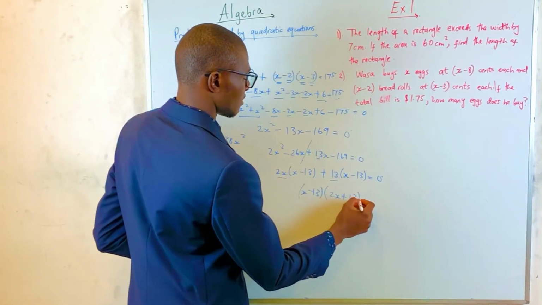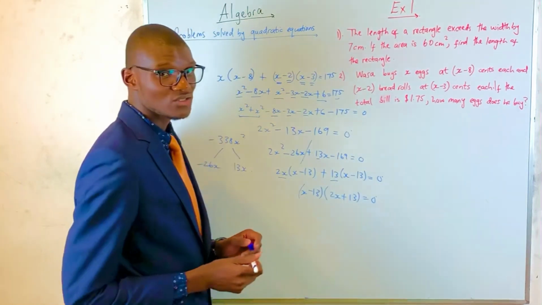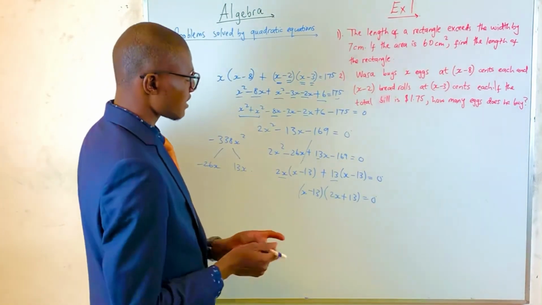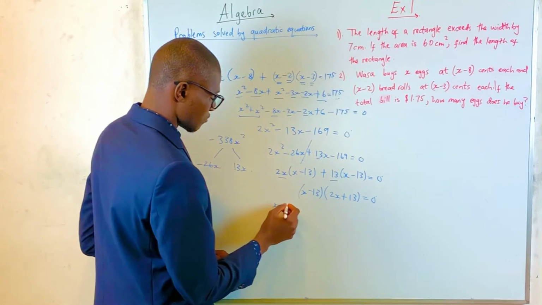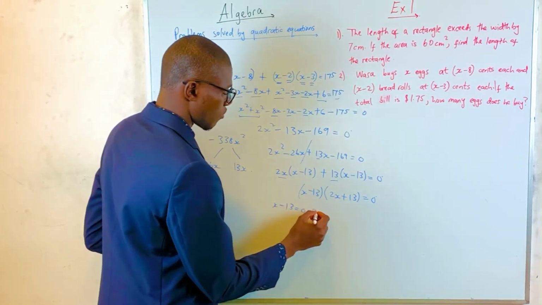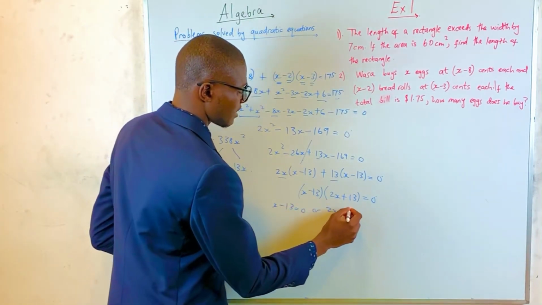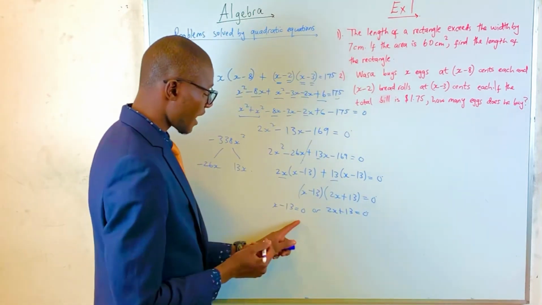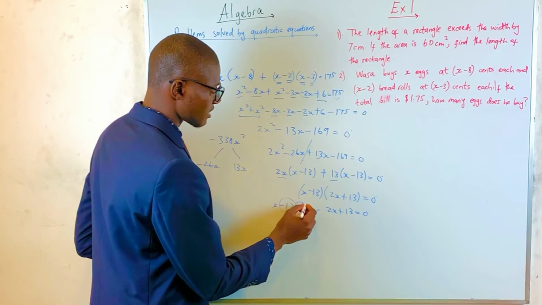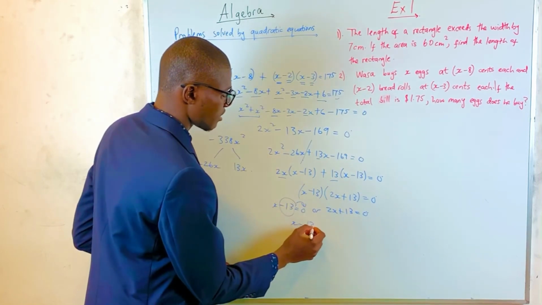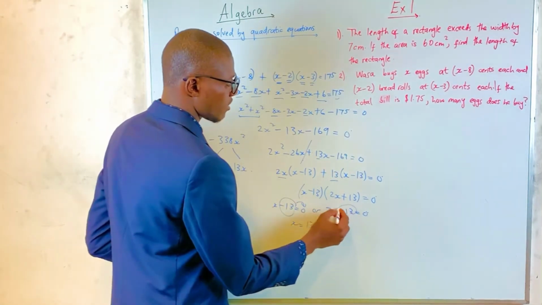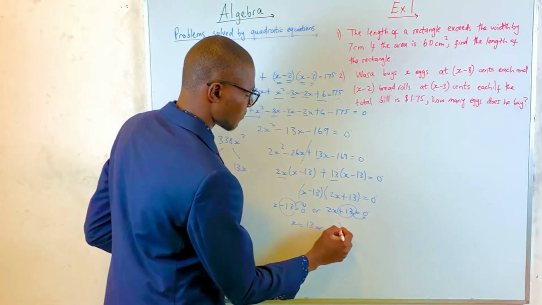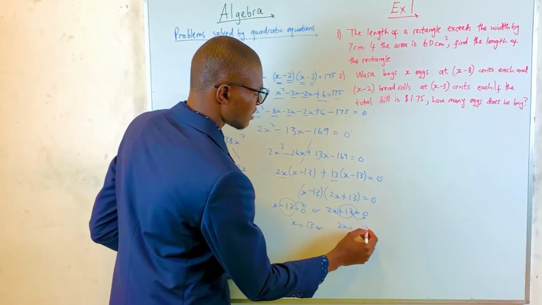Then we equate that to 0. So either x minus 13 is equal to 0, or 2x plus 13 is equal to 0. Solving for x, x will be equal to 13, or 2x will be equal to minus 13.